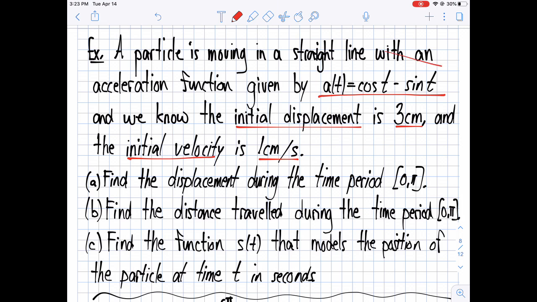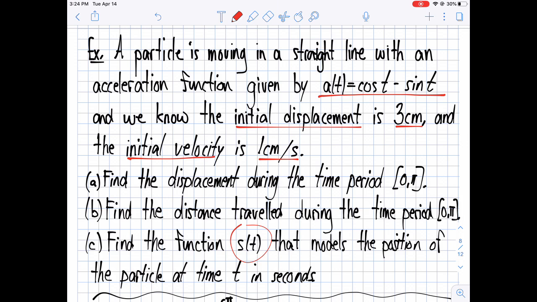We started off with acceleration, but we used that to find velocity, and we did that using the fact that we knew the initial velocity was 1 centimeter per second. So I want you to think for a moment, how can we use what we have and what we found to find now the position function s of t? So pause the video, think about it.